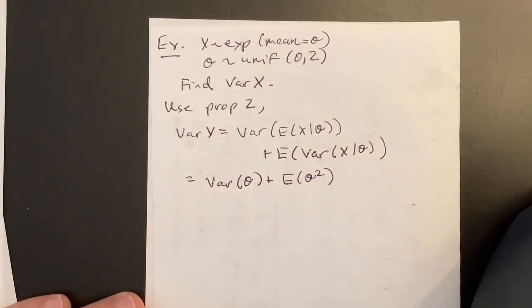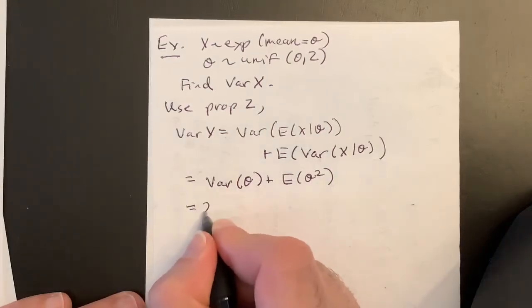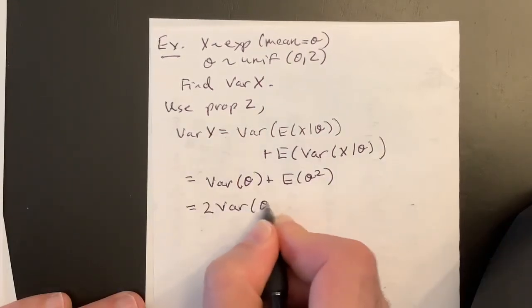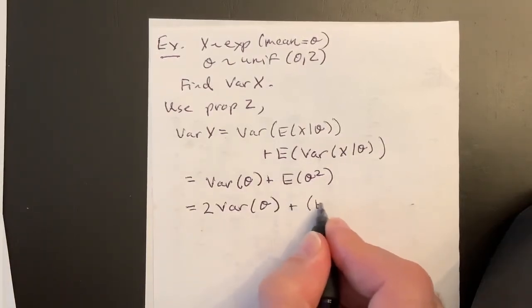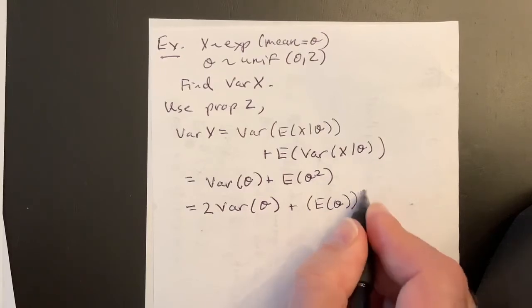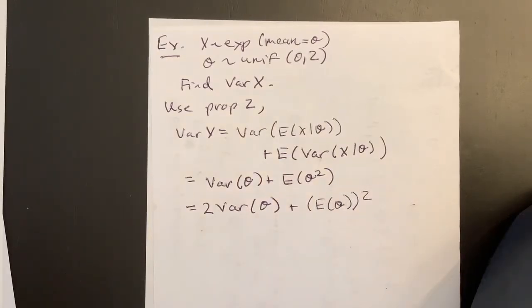Now I can use the formula that the variance of a random variable, let's call it w, is E of W squared minus E of W, all squared, to replace this e of theta squared. So this is equal to 2 variance of theta plus e of theta all squared. That's a nice substitution, saves us a little time.